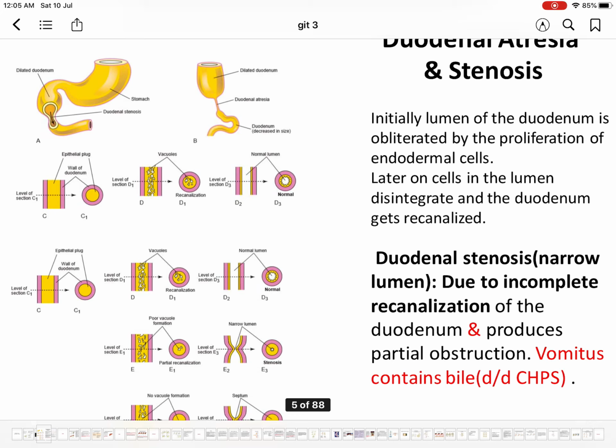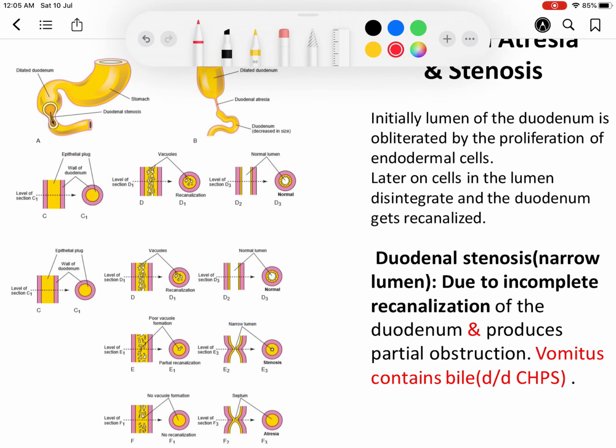Initially the lumen of the duodenum is present. Then what happens? The lining epithelium of the lumen of the duodenum will proliferate and fill the lumen. In the first diagram you can see the yellow ones are the epithelial cells which have occluded the lumen of the duodenum.